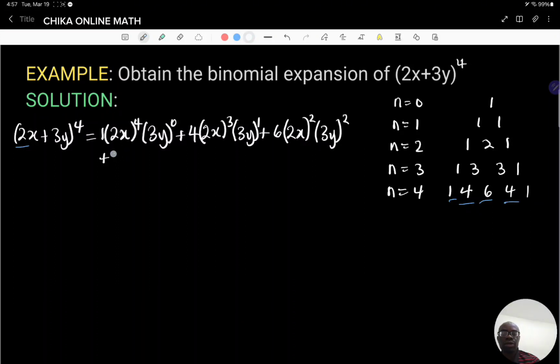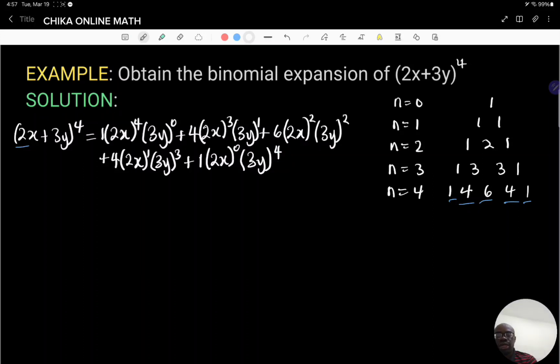The power of 2x will decrease by 1, while the power of 3y will increase by 1. Plus the last coefficient, which is 1, then 2x, from 1 the power will decrease to 0, then 3y, from 3 the power will increase to 4.